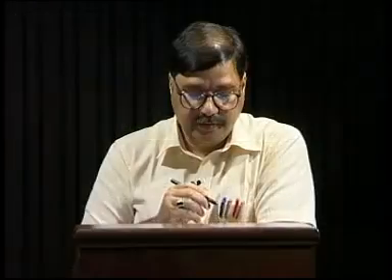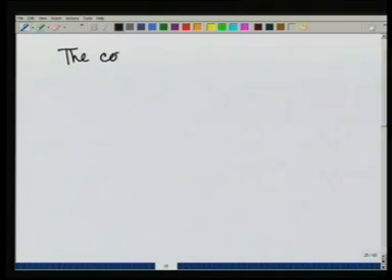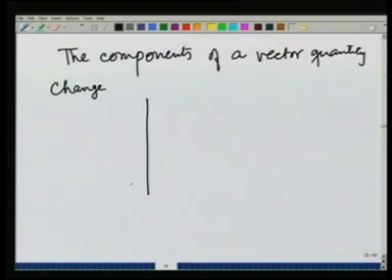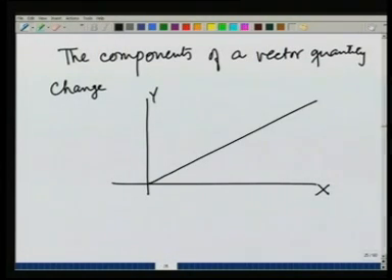On the other hand, we also see that the components of a vector quantity change when we go from one frame, say x y, to another frame which is rotated with respect to the first frame, x prime y prime, which is rotated by an angle theta with respect to the first frame.